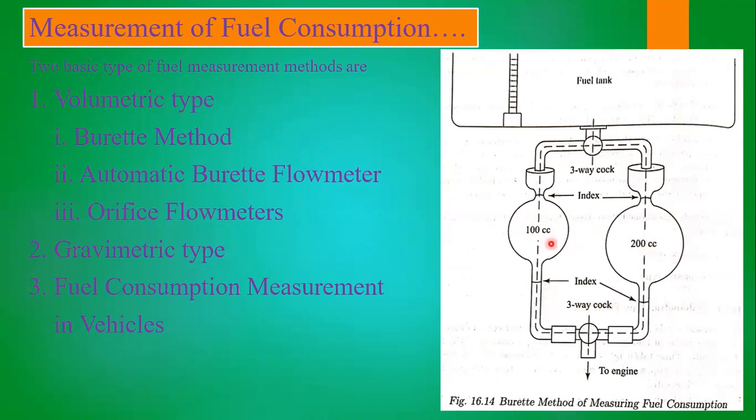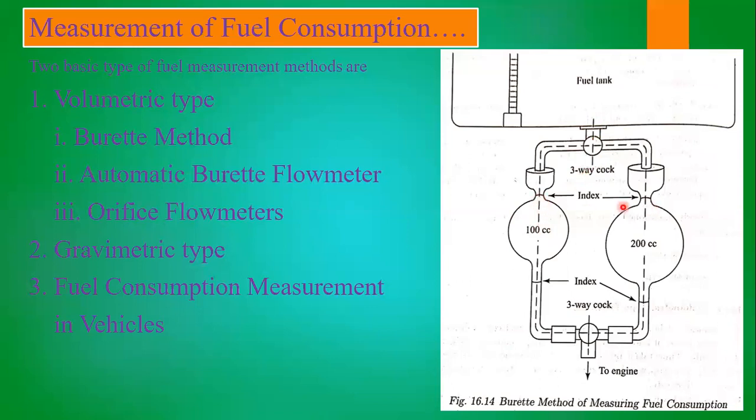And whenever we run the engine, in between we need to take the index. For both glass bulbs, the index is going to be at the same level. We have filled the 100 cc bulb and the 200 cc bulb with fuel, and then we stop the three-way cock, which cuts the supply.